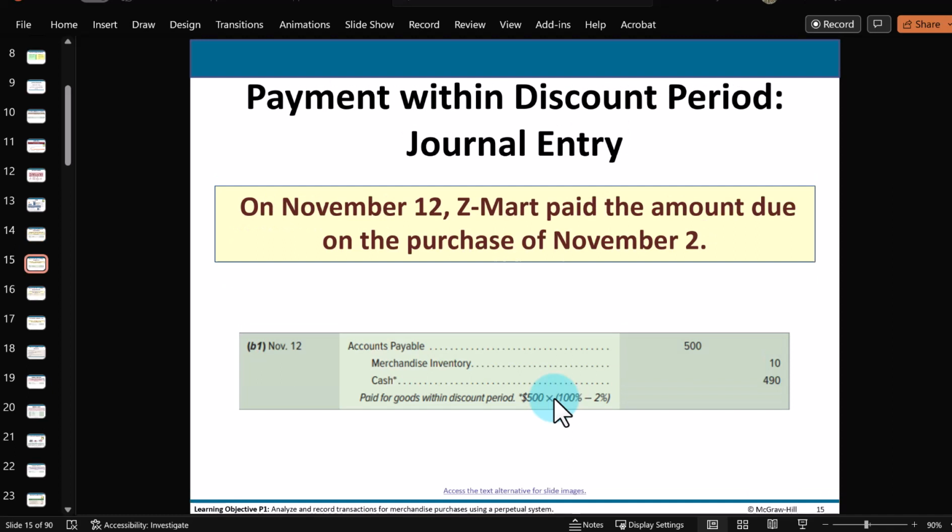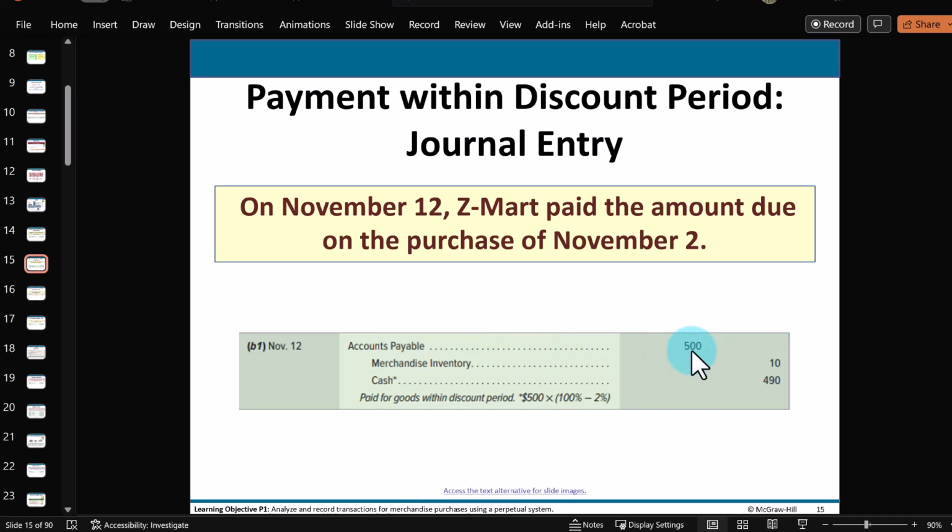So let's pay off our bill early. Again, within 10 days of that November 2nd purchase date, we're going to pay off our bill. So when you pay off your bill, you no longer owe $500. So here the accounts payable liability account has to be reduced by all of that $500.